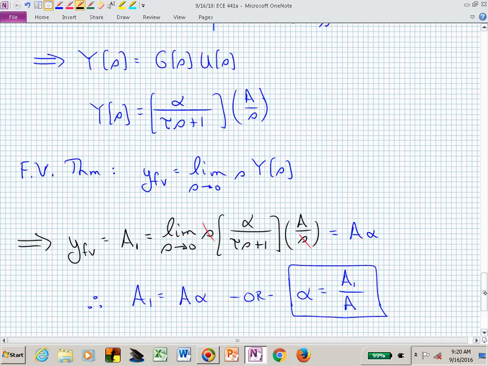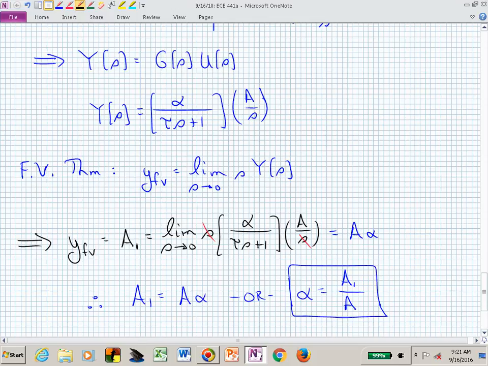If we substitute the formulas that we know, alpha over tau s plus 1 for the transfer function and A over s for the input, into the limit as s goes to 0 of s Y of s, the s's cancel. We let s go to 0 in the denominator, and the denominator is well behaved.